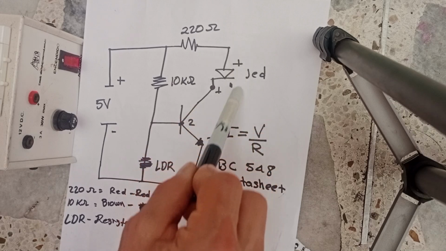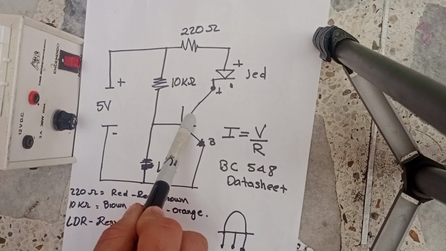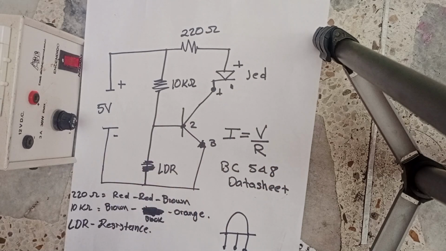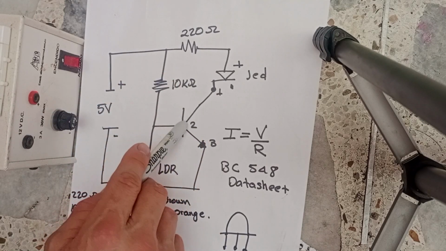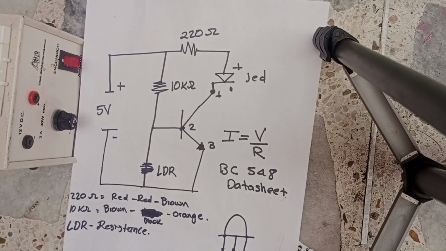Then it's connecting to this, and the transistor is acting like a switch. It has 3 main functions, and one of them is to act like a switch.